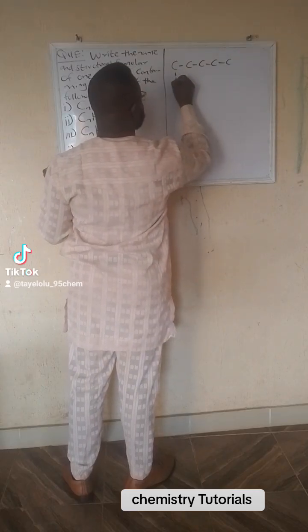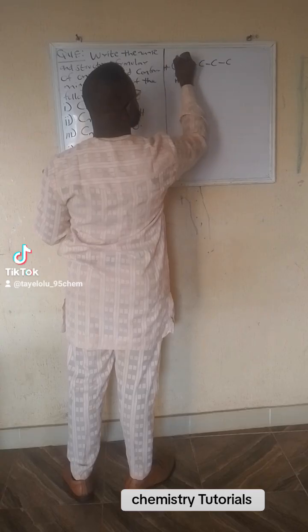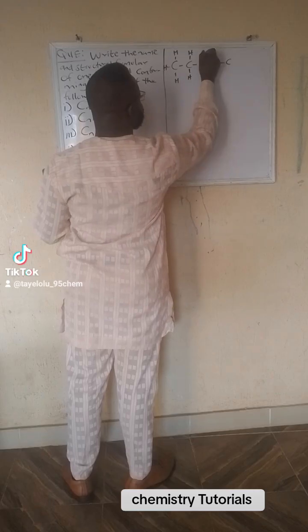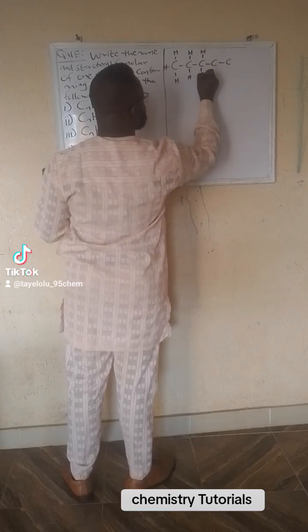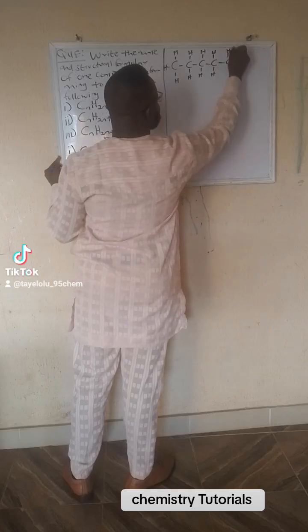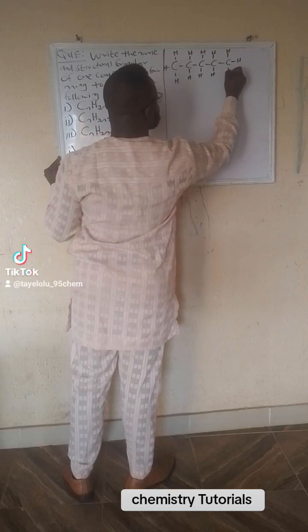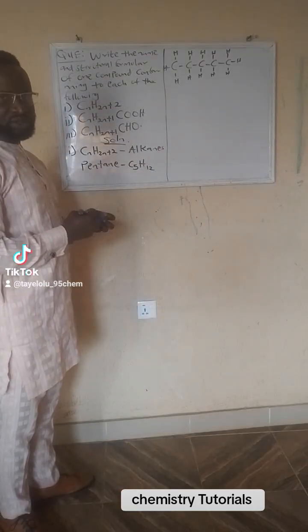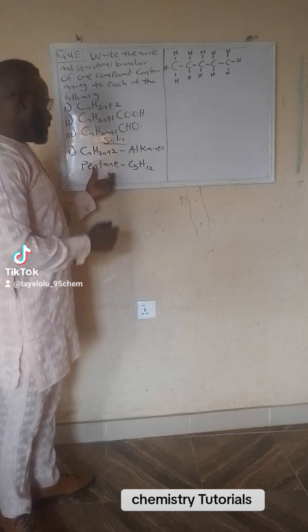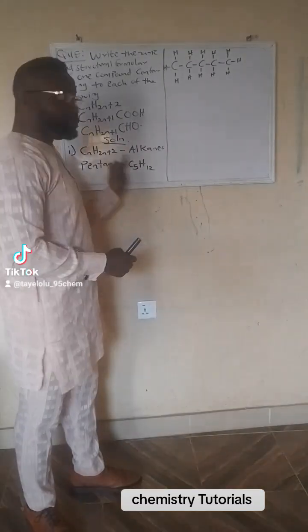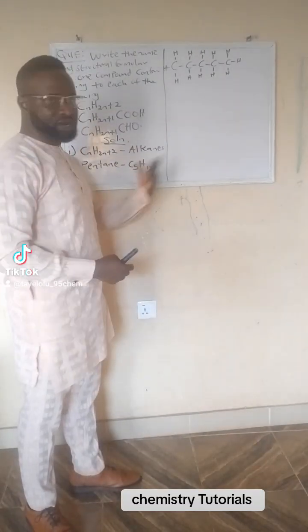And H12, 1, 2, 3, 4, 5, 6, 7, 8, 9, 10, 11, 12. So that's for this one. Any one that you picked, ensure that the structural formula is correct. So if you are picking butane, for instance, C4H10.